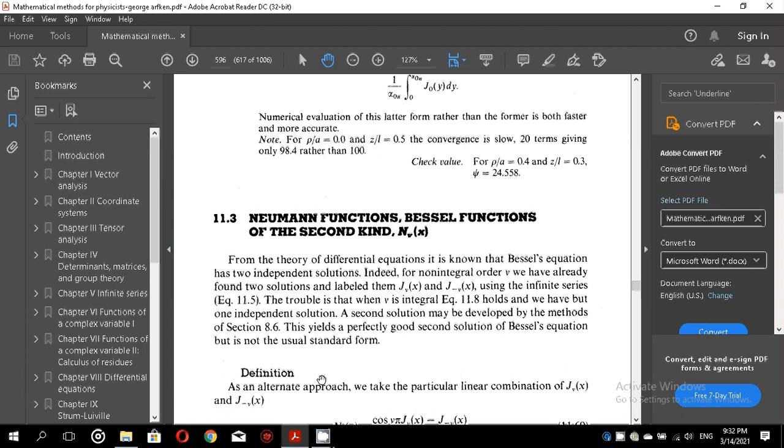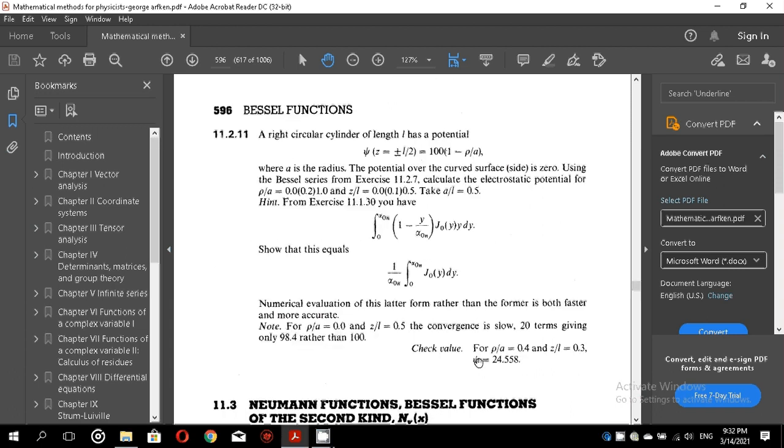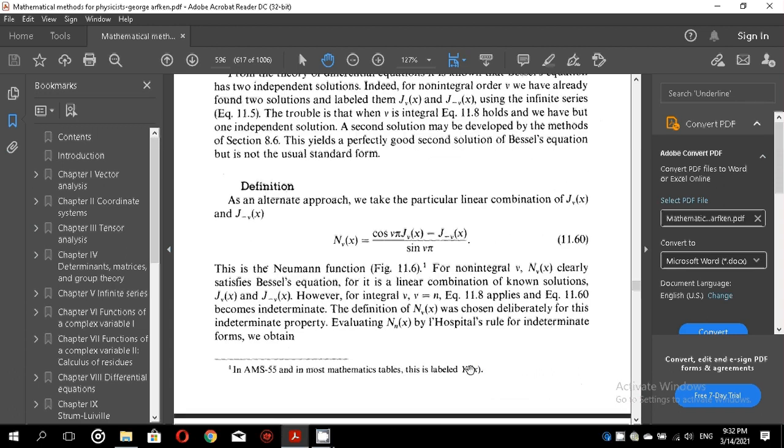The Newman function is defined here by this equation 11.60: N nu x is equal to cos nu pi into J nu minus J minus nu as a function of x, divided by sine nu pi. This is the Newman function for non-integral nu.